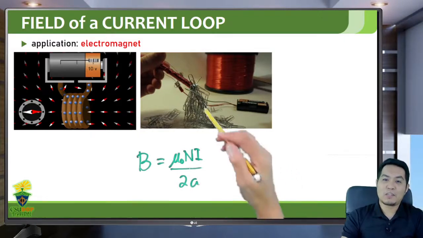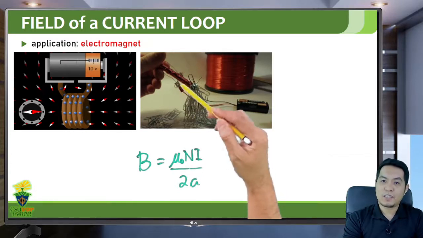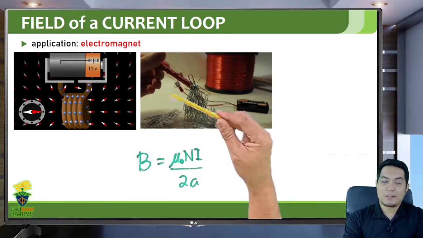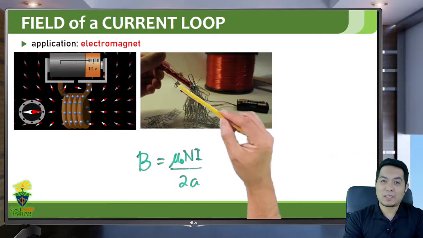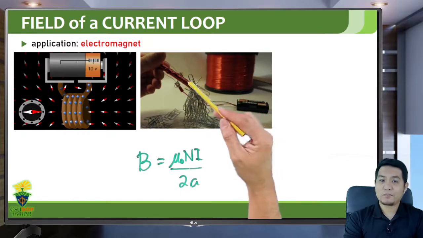In the class, you would wind your wire around a ball pen or a pencil, or a much better thing is to wind it around a metal conductor such as a nail, because a nail is a ferromagnetic material.